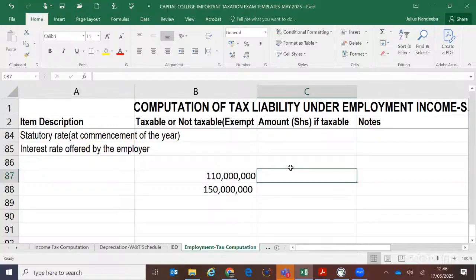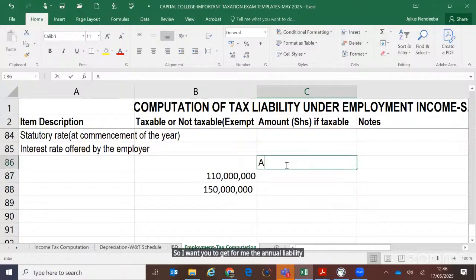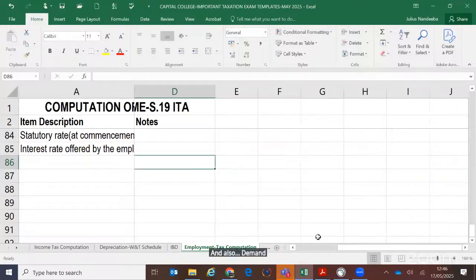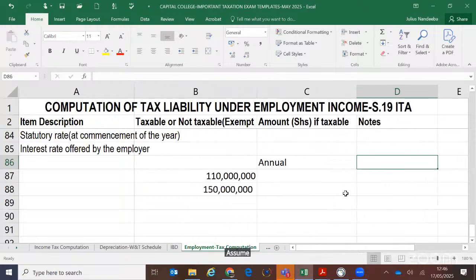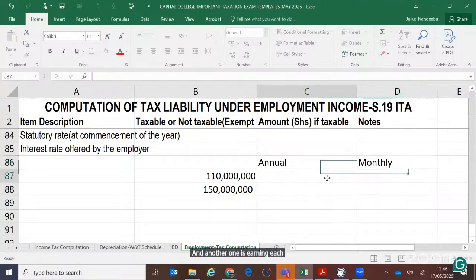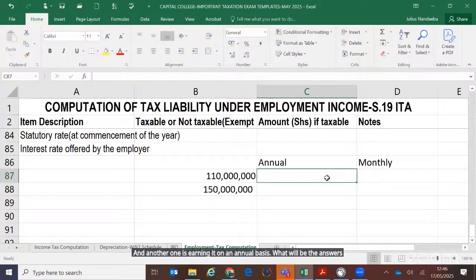So I want you to get for me the annual liability and also the monthly liability, if it was a month. Assume there's the same amount, but one is earning it on a monthly basis and another one is earning it on an annual basis. What would be the answers? What would be the tax? This is chargeable income.